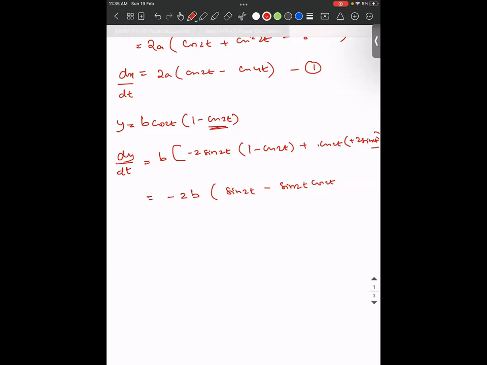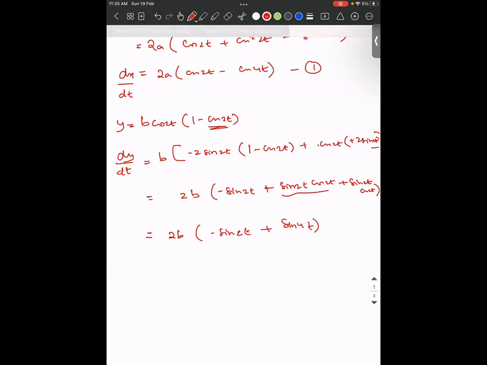If I take the 2 outside, then this will be minus sin 2t plus sin 2t cos 2t. Again, you will have plus sin 2t cos 2t. So this will be 2b into minus sin 2t plus 2 sin 2t cos 2t. That should actually be sin 4t.